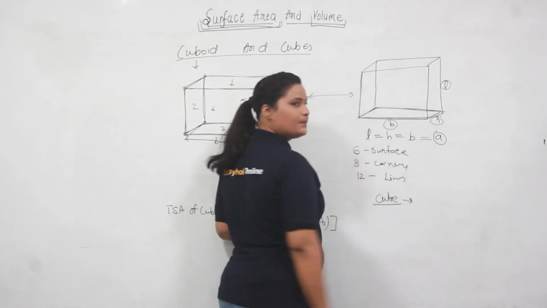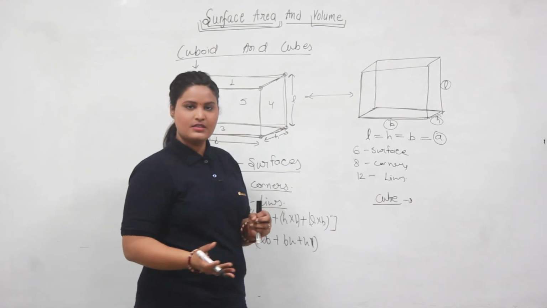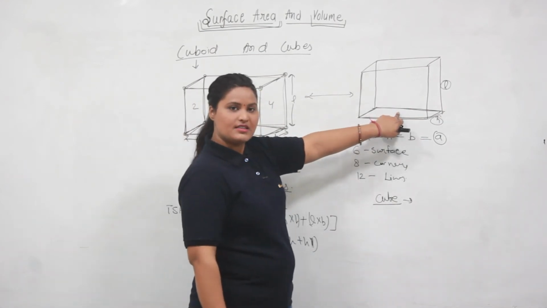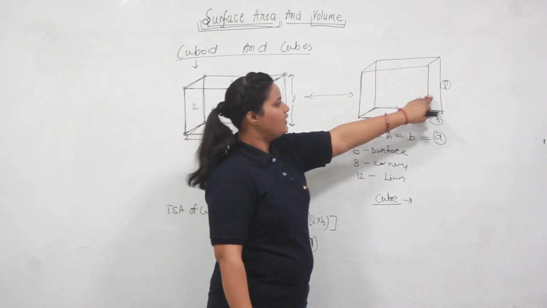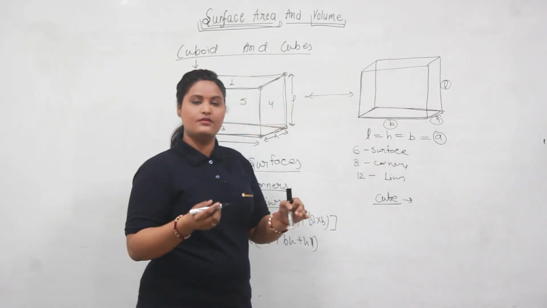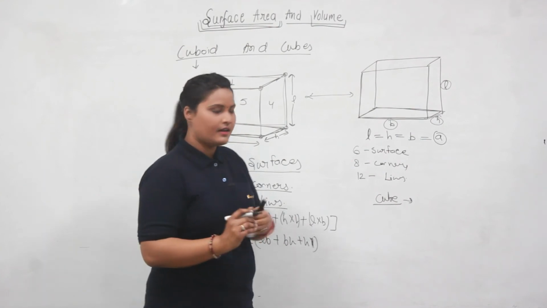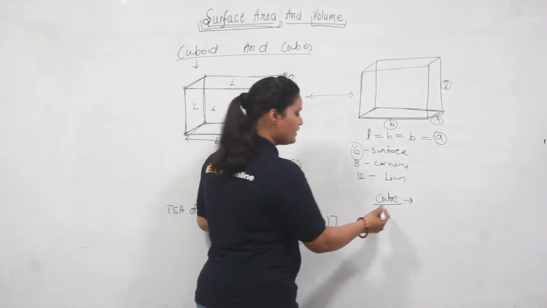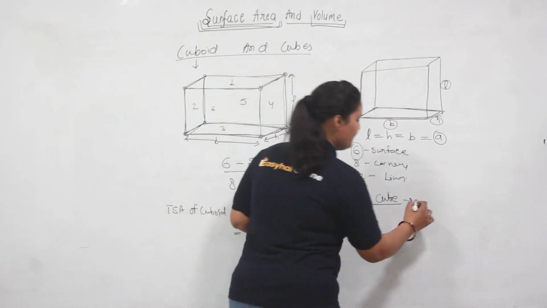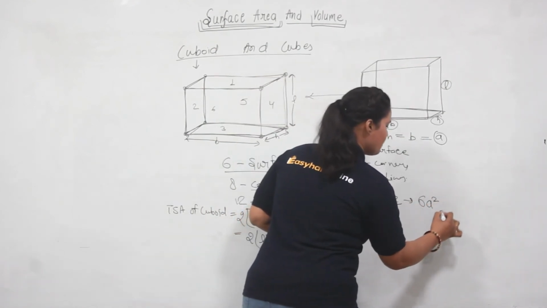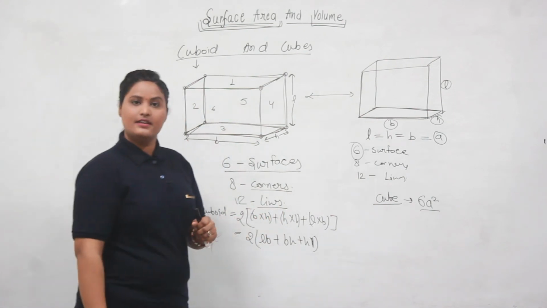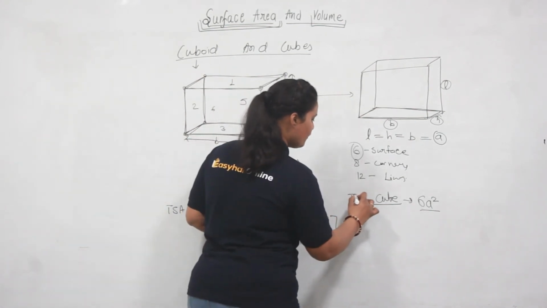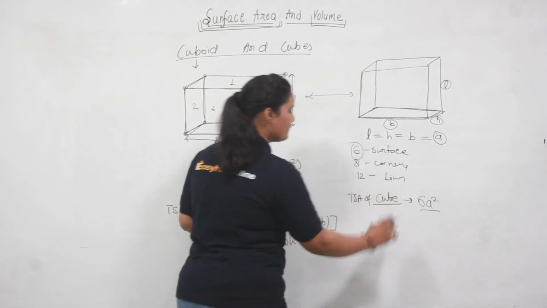A into A, because it is the formula of a square. So the area of one surface is A square. For two surfaces it will be 2A square. And here we have 6 surfaces. That is why the total surface area of the cube will be 6A square. Clear? So here is the TSA of the cube.